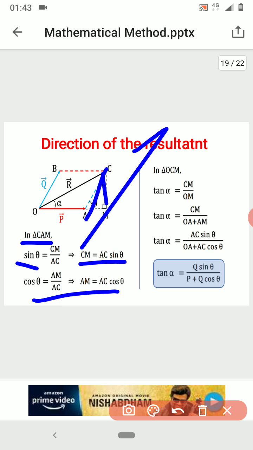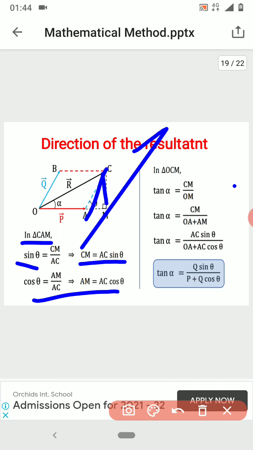Now sin by cos gives tan alpha, that will be CM upon OM, and OM is equal to OA plus AM.